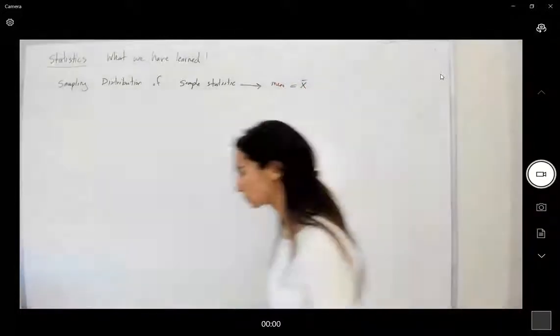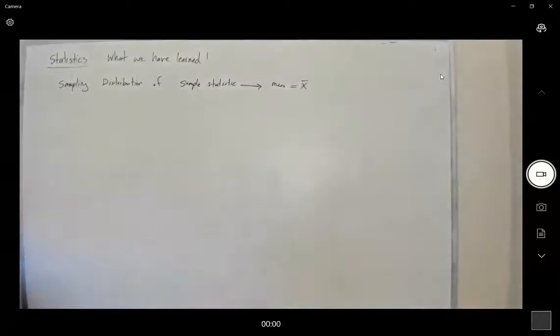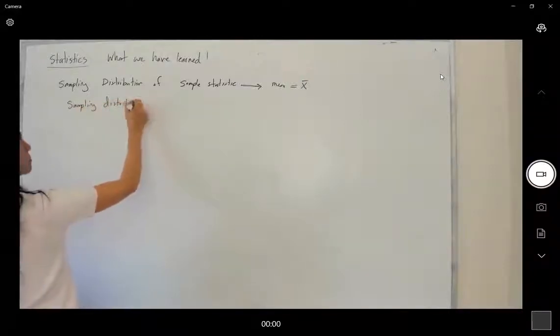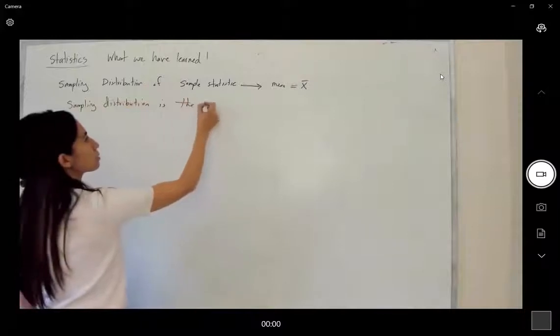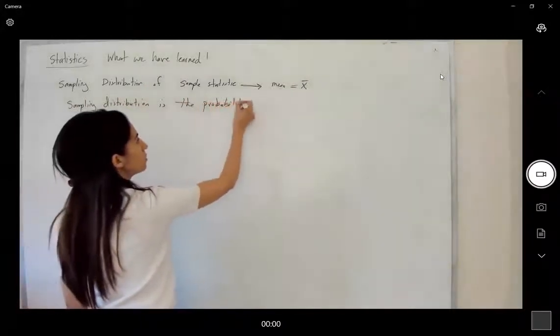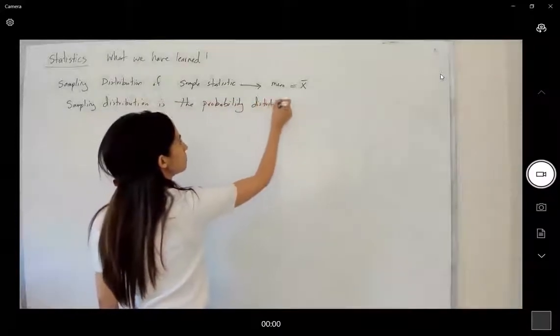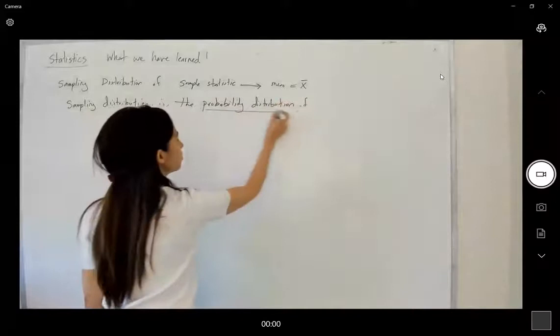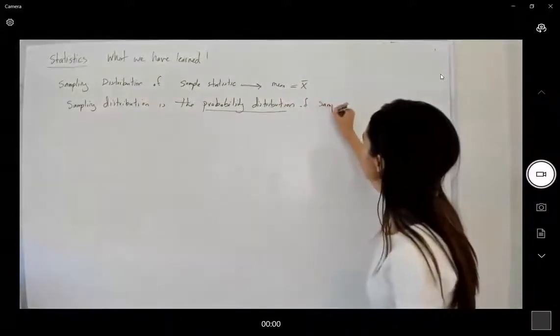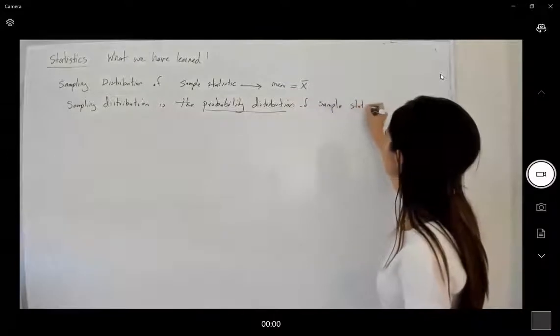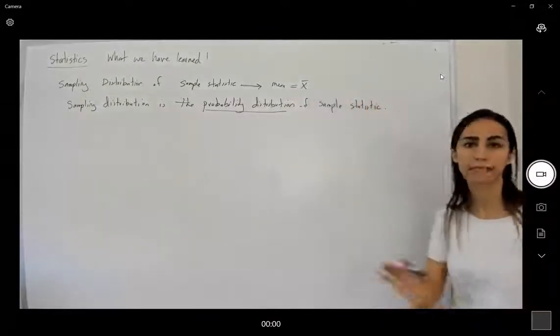We define the sampling distribution to be the probability distribution of a sample statistic, in this case x bar.